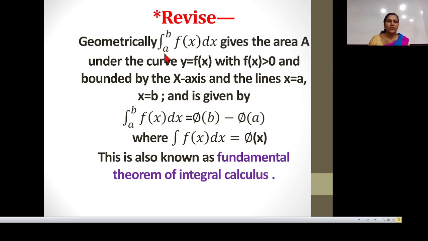Geometrically, integral a to b f of x dx gives the area A under the curve y is equal to f of x, with f of x greater than 0 and bounded by the x-axis and the lines x is equal to a and x is equal to b, and is given by integral a to b f of x dx is equal to phi of b minus phi of a, where the integral of f of x dx is phi of x. So this theorem is known as the fundamental theorem of integral calculus. Now we are going to apply this result to solve our examples.